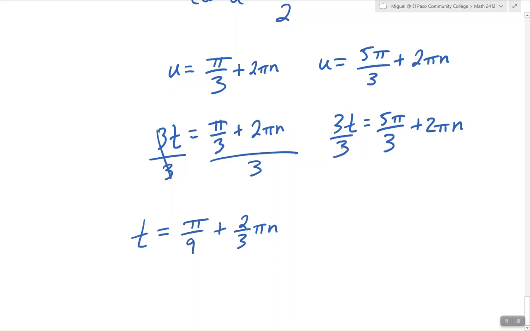And over here, we got t equals 5 pi over 9 plus 2/3 times pi n.